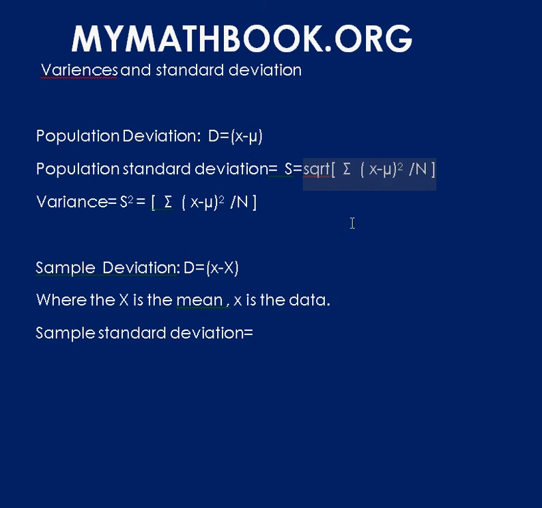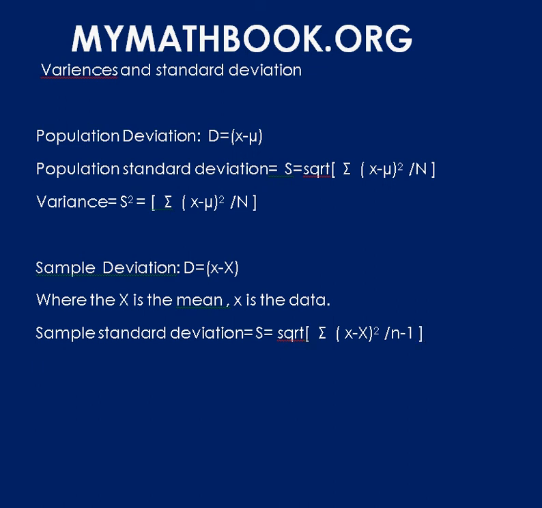It's similar, so you have S, and that's equal to this. But the only difference is here is the mean, and here you have n minus 1. So that will be the sample standard deviation.